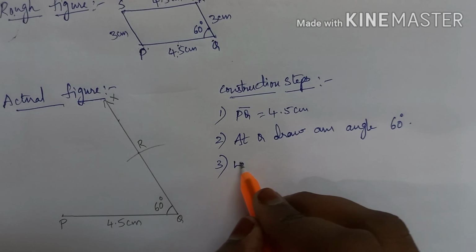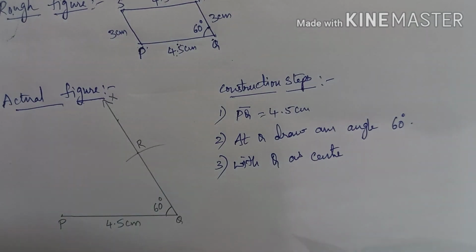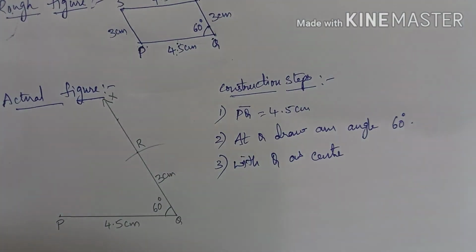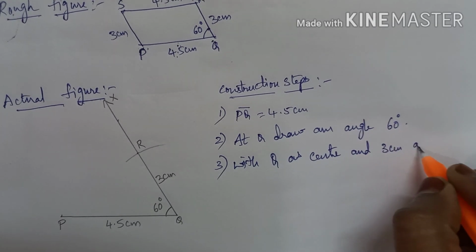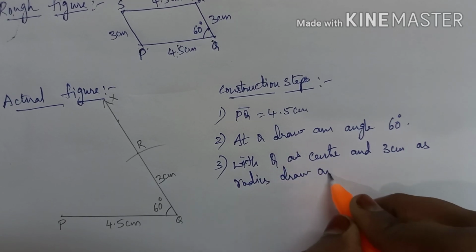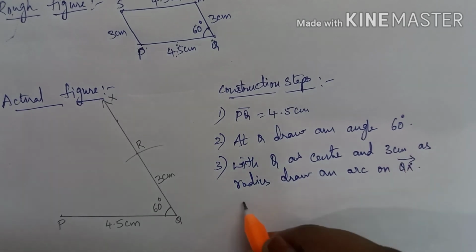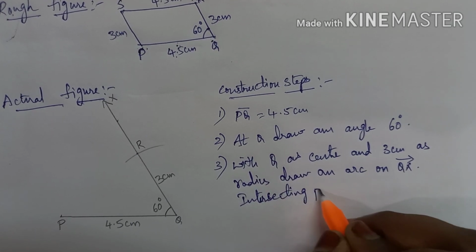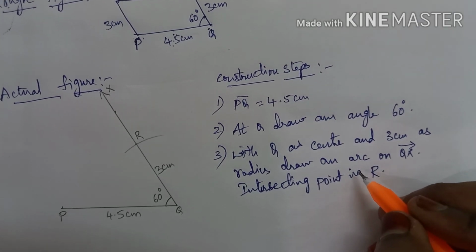Next, with Q as center and how many centimeters as radius? 3 centimeters. With 3 centimeters as radius, draw an arc on QX. So the intersecting point is R.